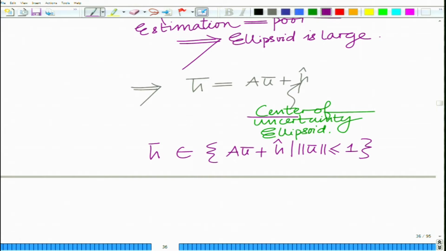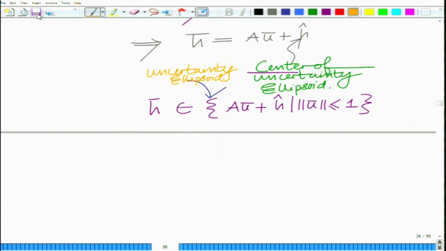For this practical scenario, this is termed as the uncertainty ellipsoid.